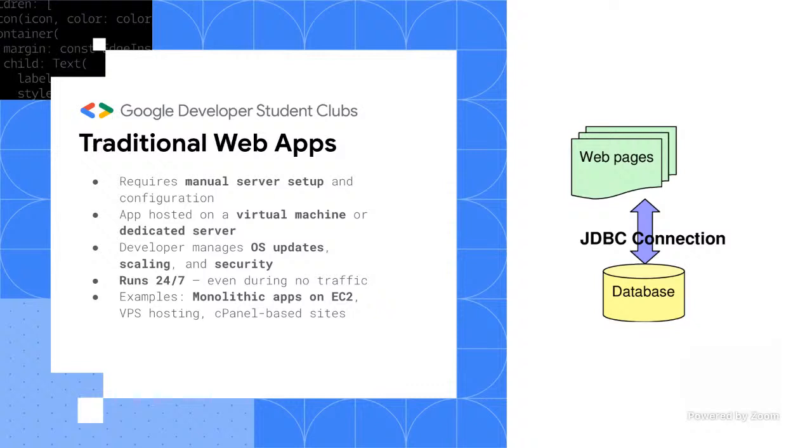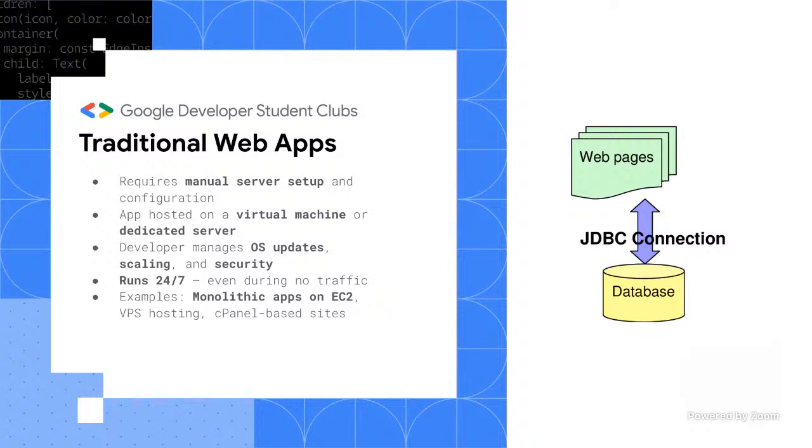As the name suggests, with traditional web apps, you have these web pages and you have these databases. You get these POST requests or API calls or whatever you're using that database for. All these requests are being made through the database and the web pages are calling them.